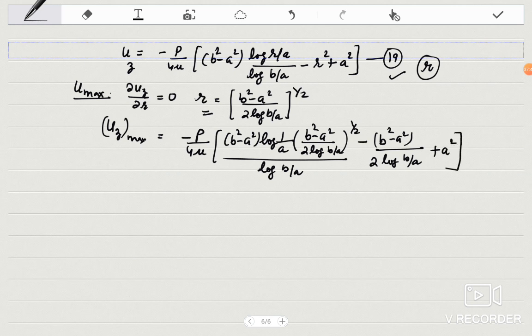I am leaving the calculation parts. You just put r in 19 and get Uz maximum. So this is your Uz maximum.